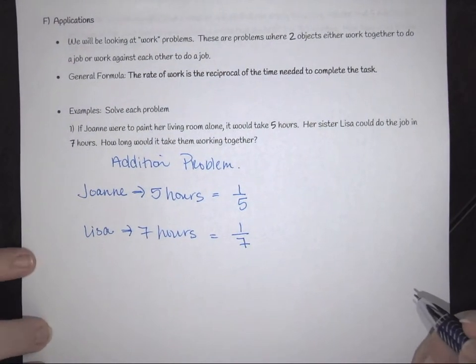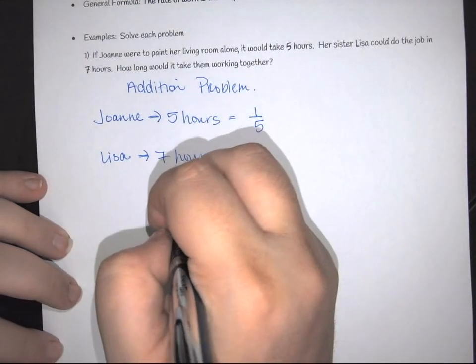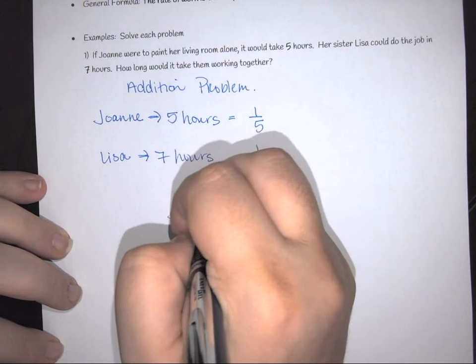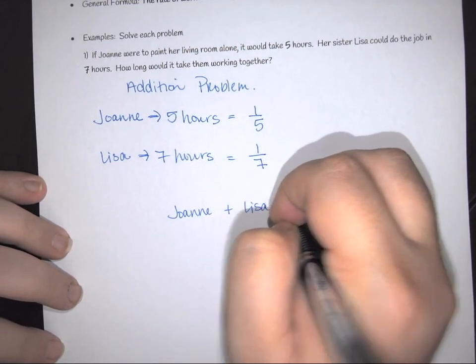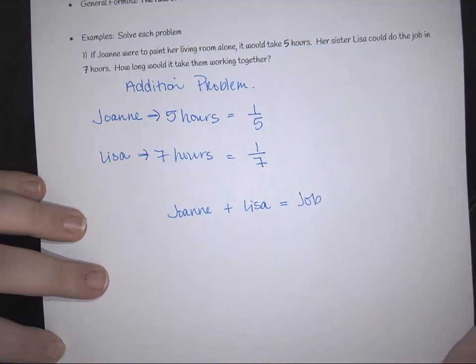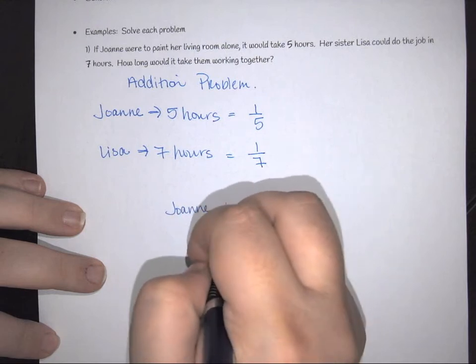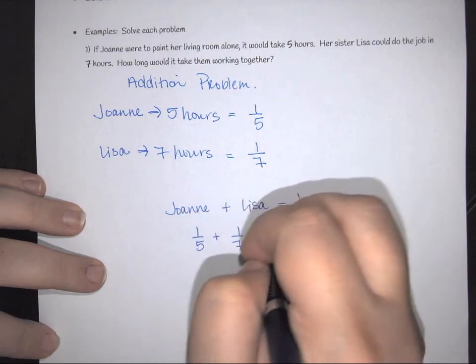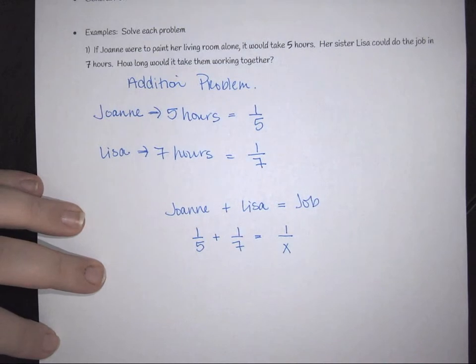The question is, how long would it take them to work together? So in other words, we have Joanne plus Lisa equals the job. So 1/5 plus 1/7 equals 1/x, where x is the job.